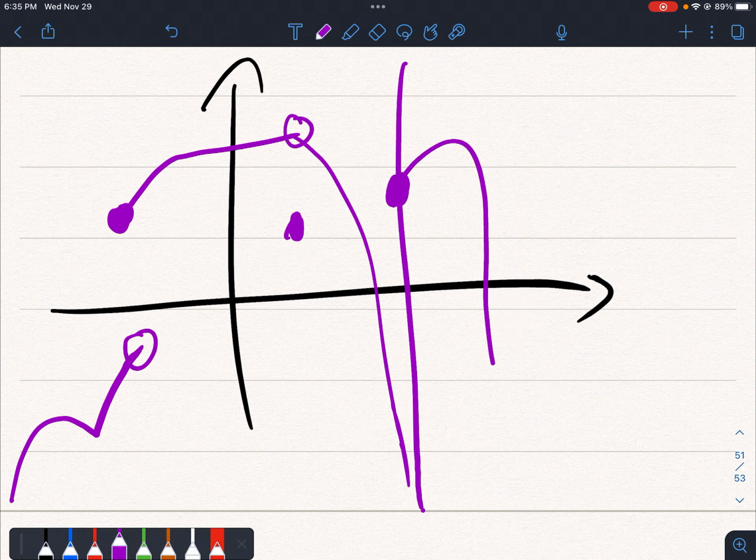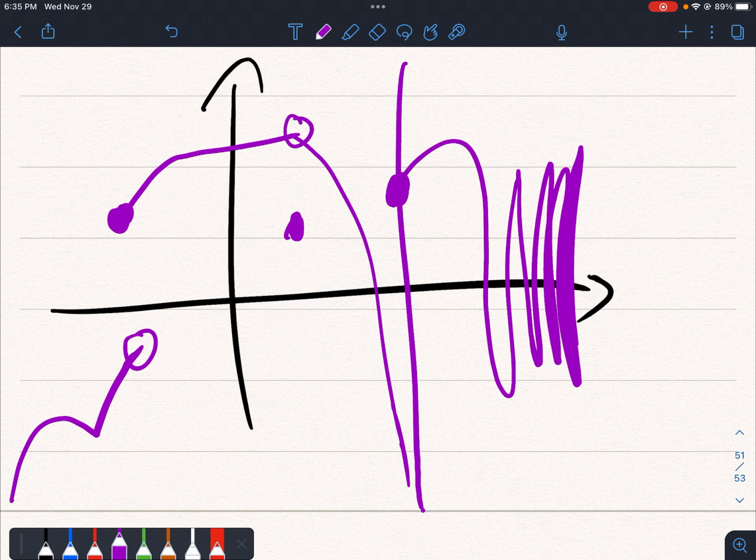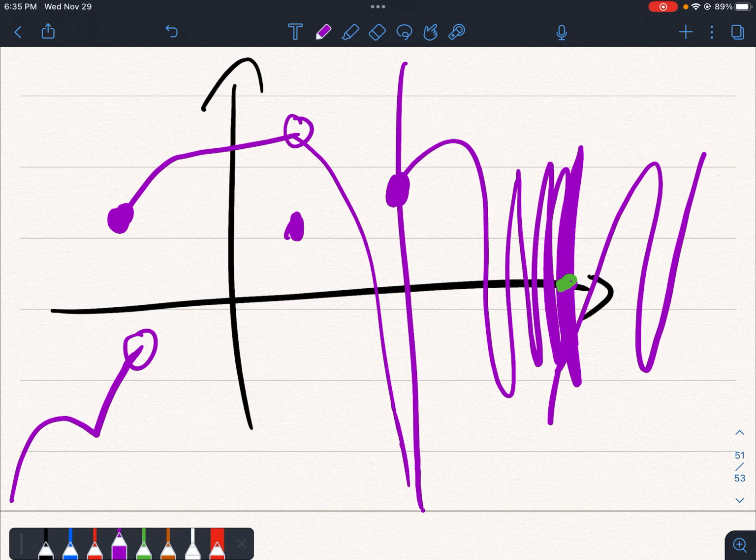Let me do probably in this way. And this point is, let's say this point is, no, I don't care. I mean, it oscillates at this point. Okay, so what are the discontinuity points?